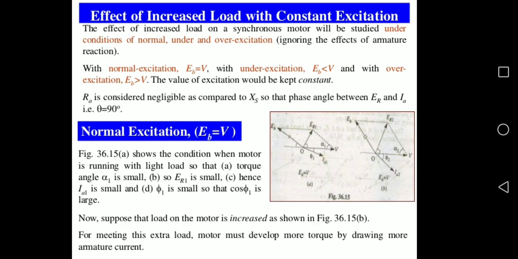Now suppose the load of the motor is increased. If load is increased, then in figure 36.15b, see that for meeting the extra load, motor must develop more torque by drawing more armature current. Whenever armature current is more, then the vectorial difference between Eb and V increases.